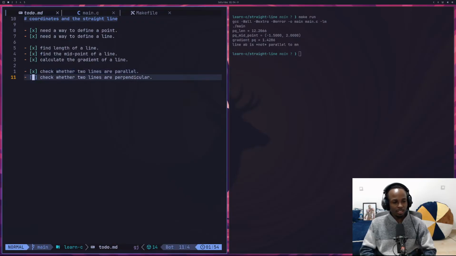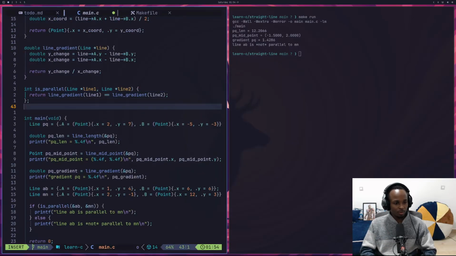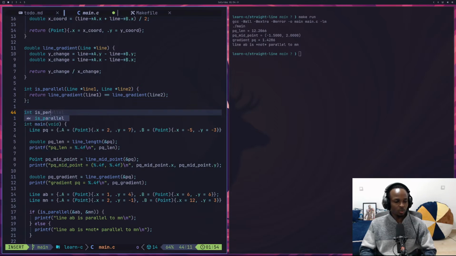Now, the final task is to check whether two lines are perpendicular to one another. So this function returns an int. In my case it's actually just either 1 or 0, since all I'm doing inside that function is comparison, and I don't want to use some other library just to check whether it's a boolean.